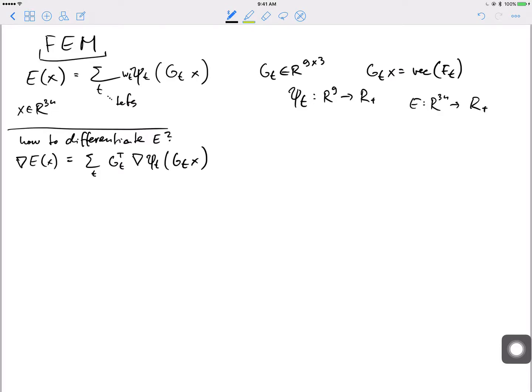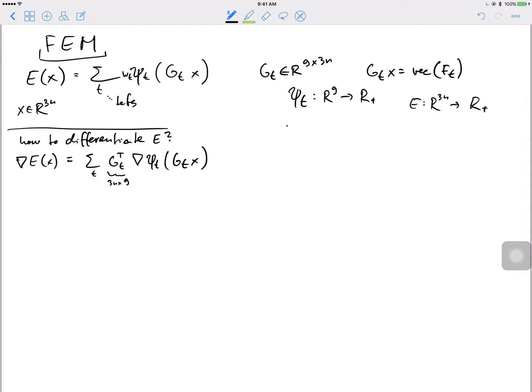You can check that the transpose makes sense. Oh, I made a mistake. This was supposed to be 9 by 3n, right? Because the G_T takes x as input. That's why I like to write the dimensions, because you can check it. It should all check out. So let's check it out here. G transpose is going to be a 3n by 9-dimensional matrix.